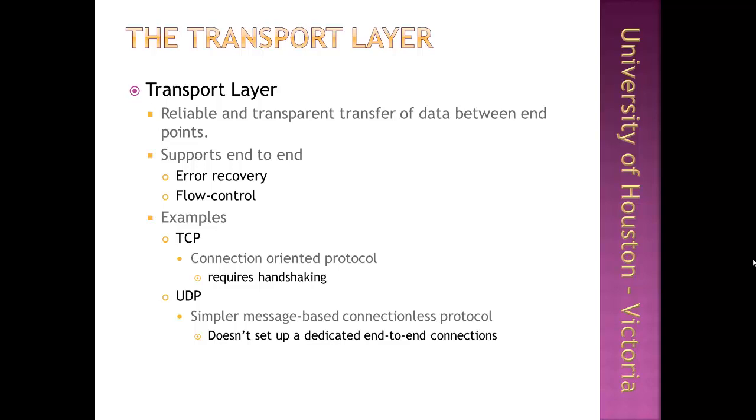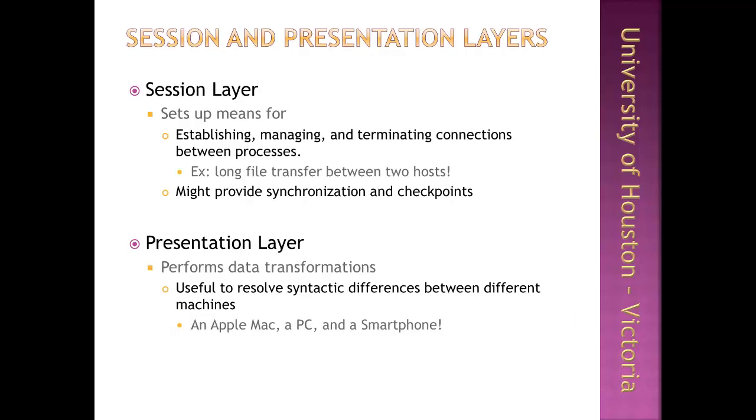UDP is a simpler message-based connectionless protocol, which means that there is no need for an actual dedicated connection between the two endpoints of your networking technology, and it doesn't set up a dedicated line, so the order of your data transmissions is basically not guaranteed.